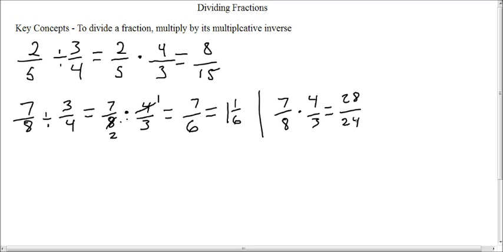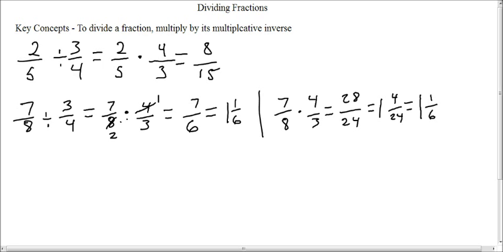We can simplify this before actually writing it, if you really want to. Think about 4 and 24. Yes, 4 is a factor of 24, so 4 goes into 4 one time, and into 24 six times.